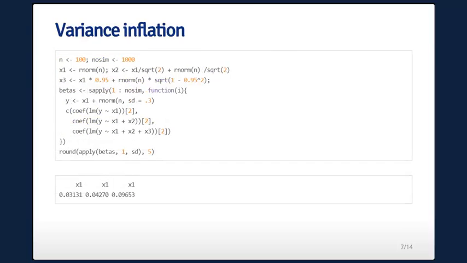But you can make the variance inflation much worse. Here's our x1, which is a normal, but now instead of x2 being just another random normal, I made x2 an average of some random normals and x1, and I did it so that I could control how related to x1 it was.